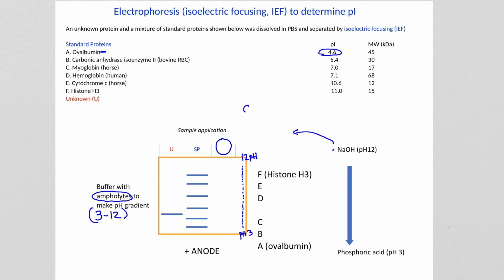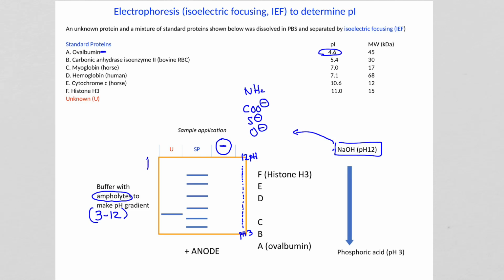So all the carboxyls in the ovalbumin will be COO minus. Unprotonated, the amine would be NH2. If it has any sulfhydryl, it will be S minus. If it has any hydroxyl, it will be O minus. So you can see the net charge of proteins when they are in very high pH will be net negative.